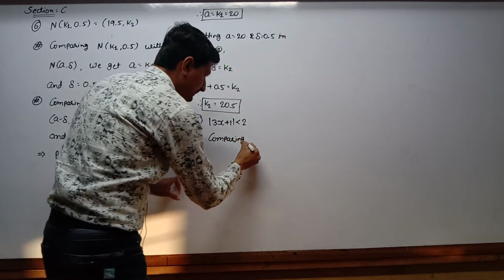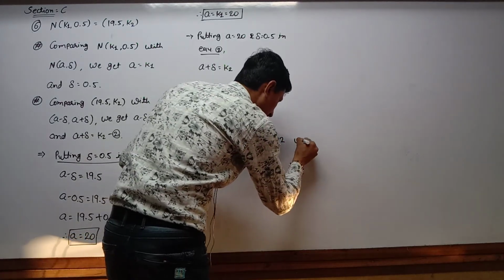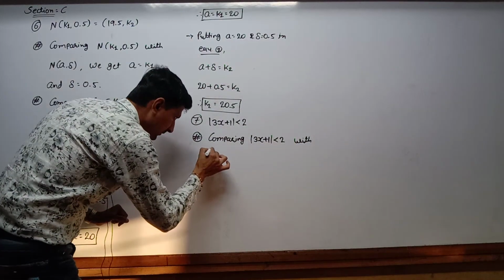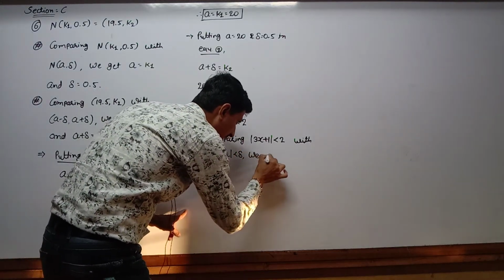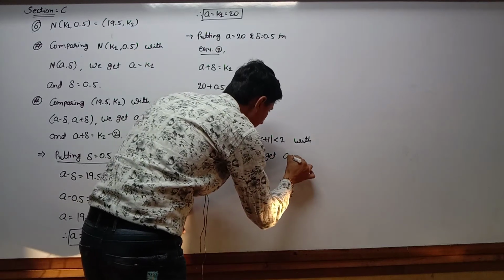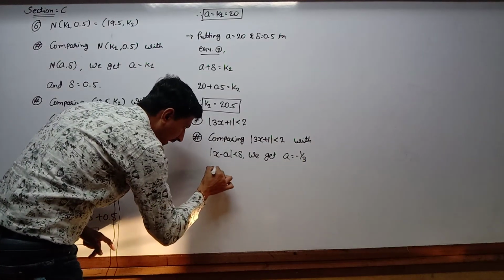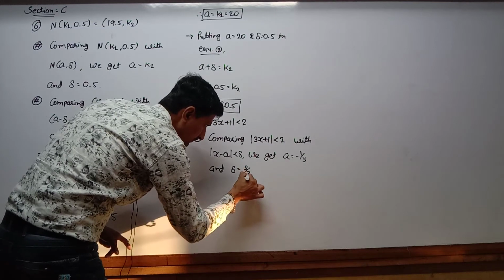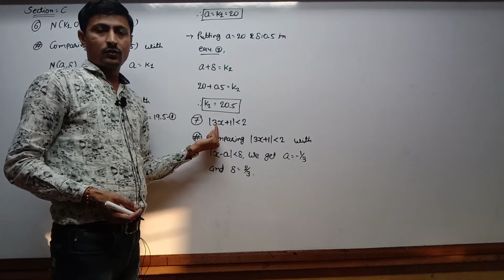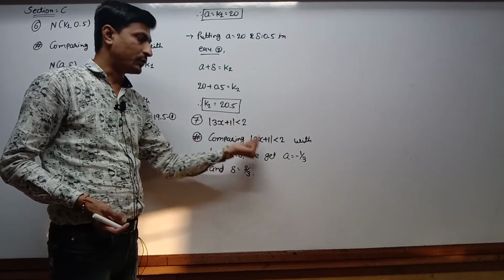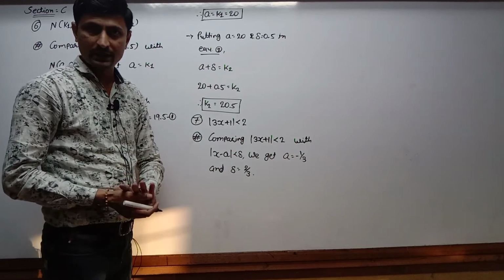So comparing modulus 3x plus 1 less than 2 with modulus form, x minus a less than delta, we get a is equal to minus 1 by 3 and delta is equal to 2 by 3. Plus 1 means minus, and the coefficient of x is multiplication by 3, so 1 by 3 and 2 by 3, as I explained to you earlier, the denominators will come, so 2 by 3 and minus 1 by 3 are a and delta.